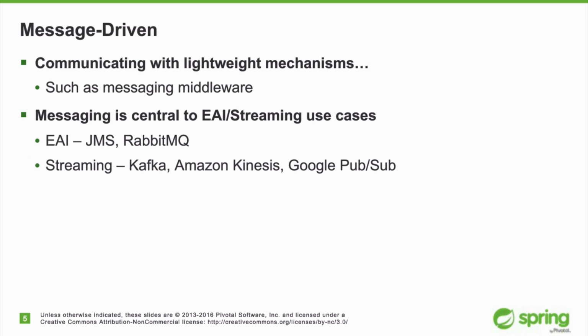Those message middleware options could include more traditional brokers like JMS, where you have queues and topics, or this new generation of stream-oriented publish-subscribe brokers like Kafka. When you're building a message-based solution, you get things like load balancing and even partitioning as a first-class offering within these stream-oriented brokers.